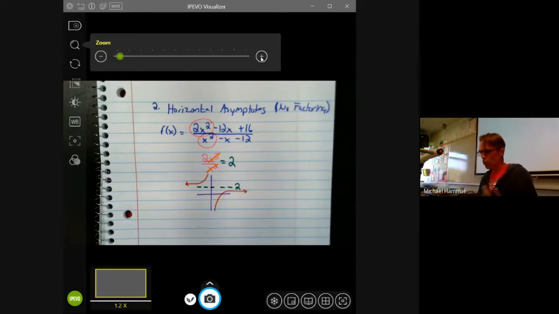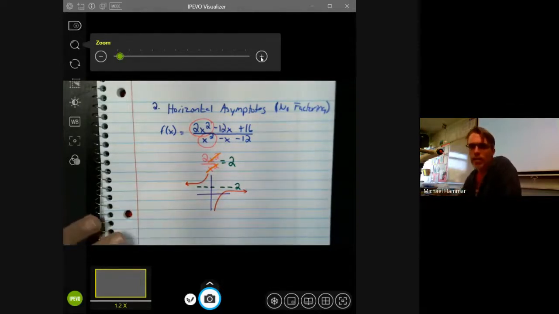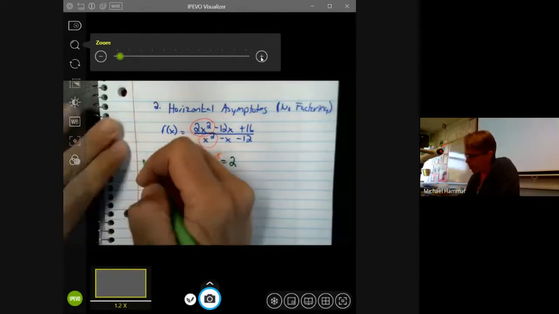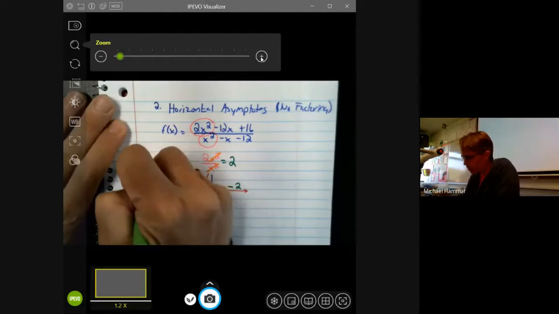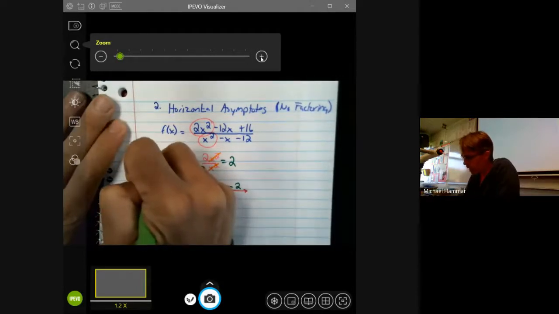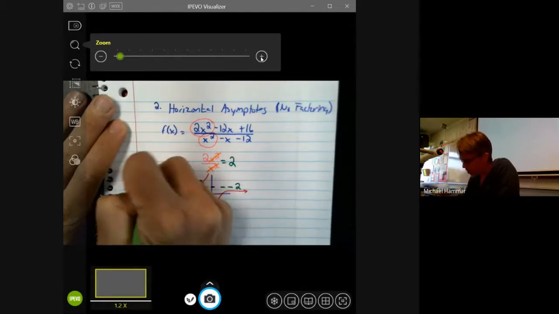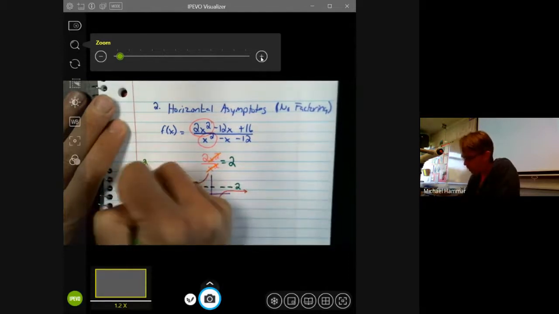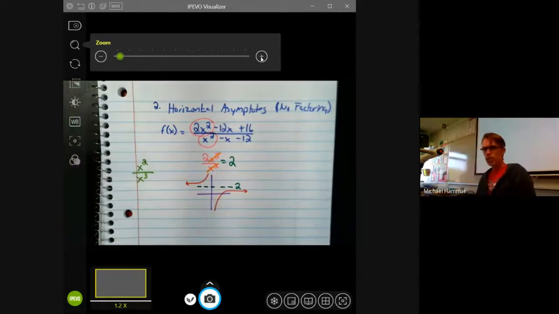Now, there are 2 other situations that we do need to discuss. What if we have an equation where you end up with, for example, x squared over, and the leading term in the bottom is x cubed?